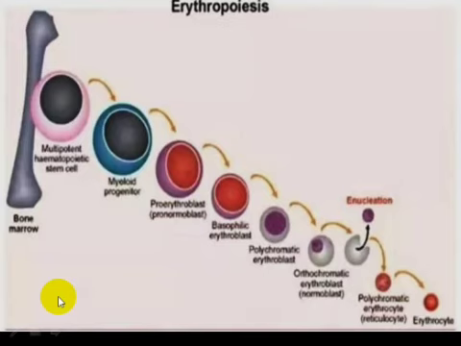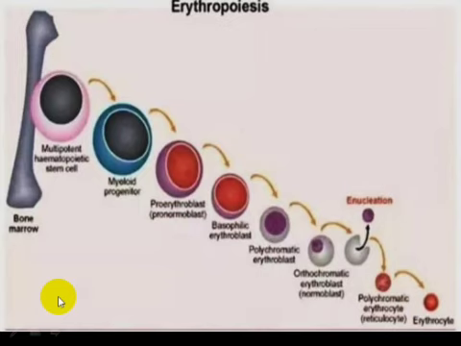The stages of erythropoiesis or red blood cell production can occur in three key phases. Number A is the size maturation stage.